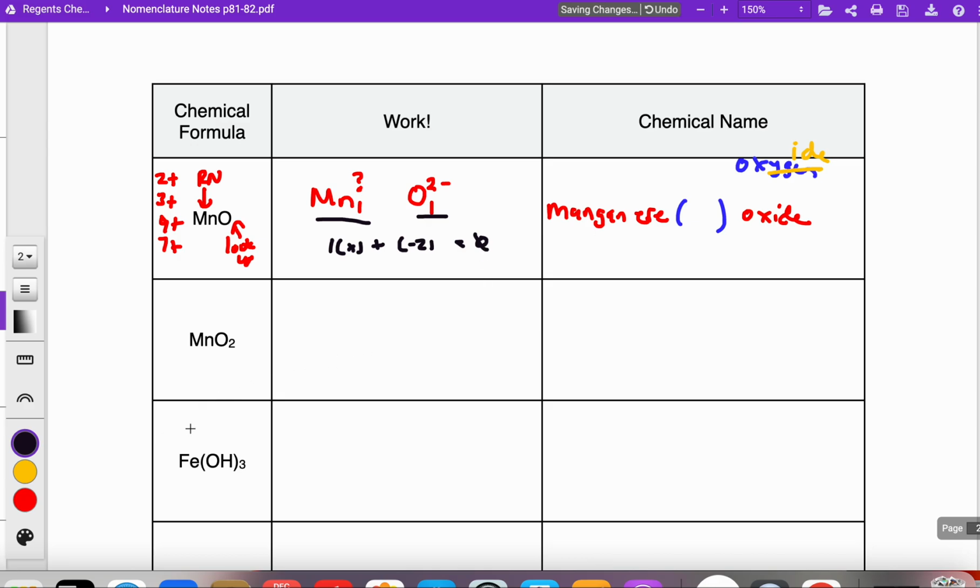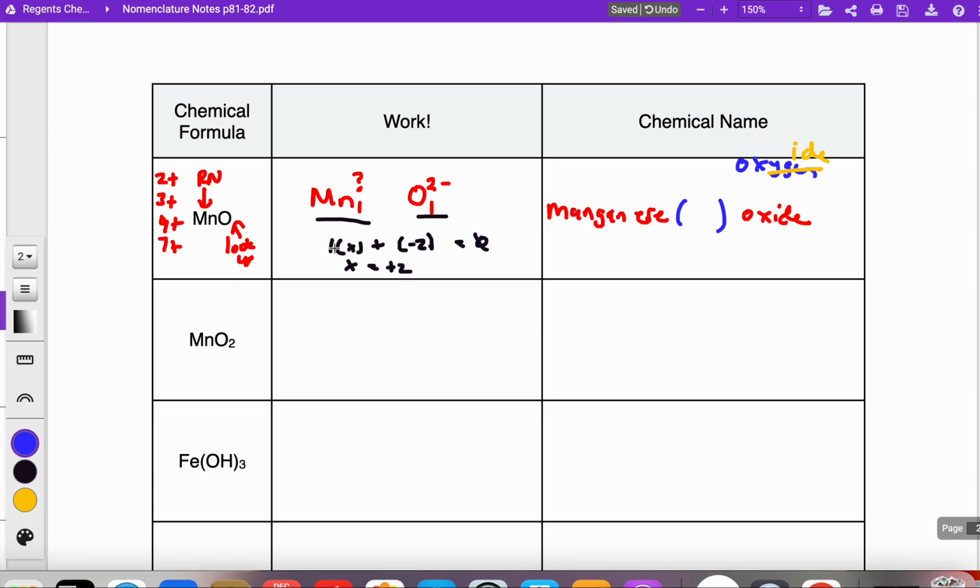So the question is, what would you substitute in for x so that the sum would be 0? Would you substitute in a +2, a +3, a +4, or a +7? Or you could just solve for x. So x equals +2.